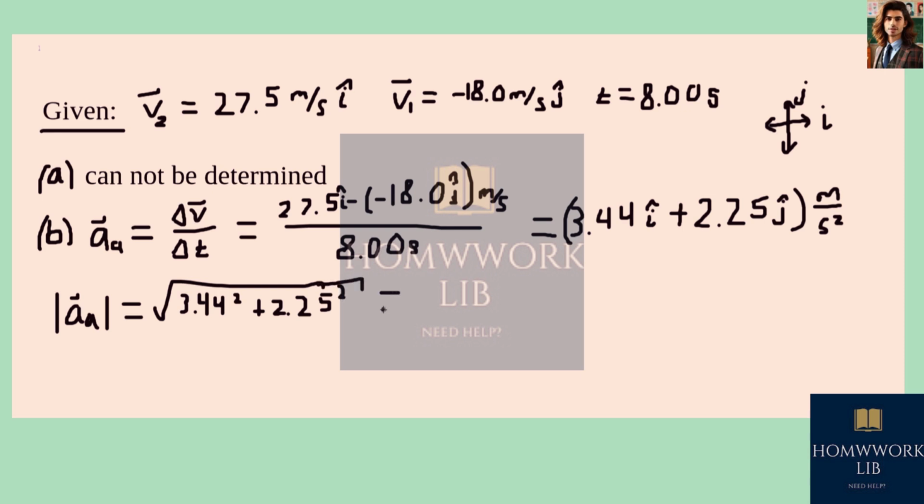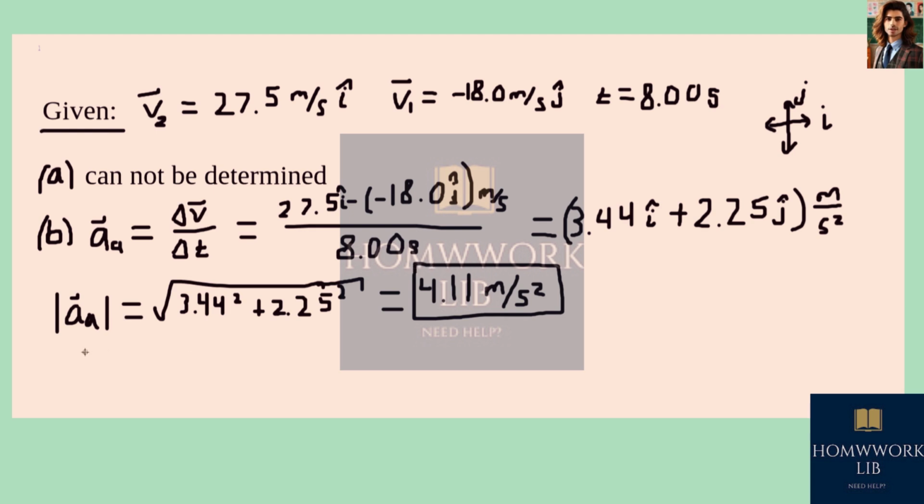If you carry this out, you get 4.11, and that's in meters per second squared since it's acceleration. There's the magnitude. And now we also want to find the direction.